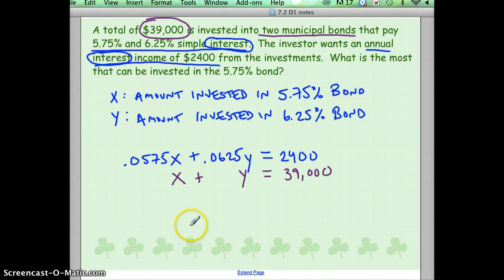Now I know this section is about elimination, and you could solve this using elimination, but I think it's almost easier to just solve using substitution.